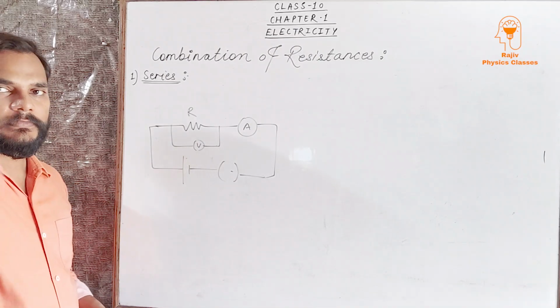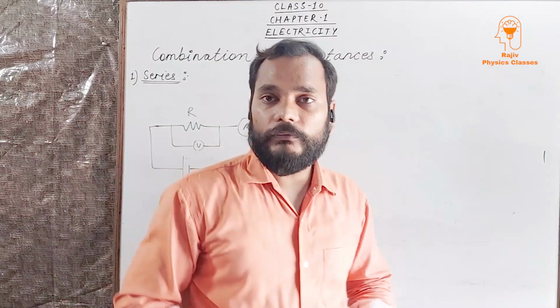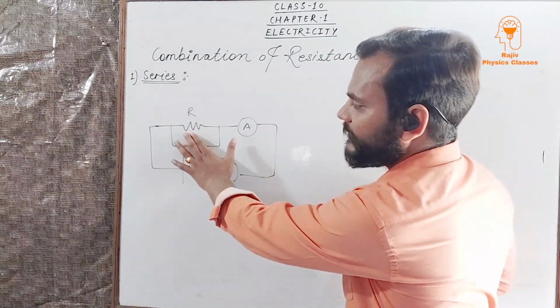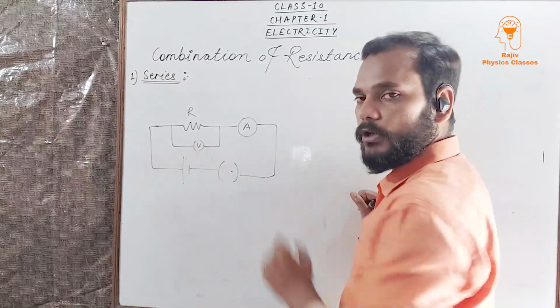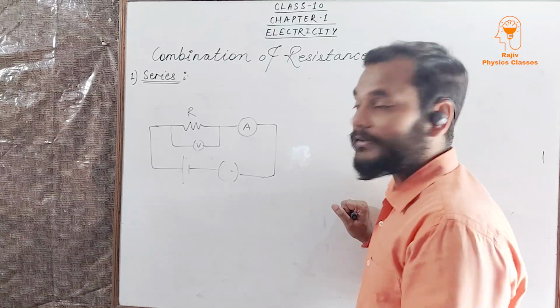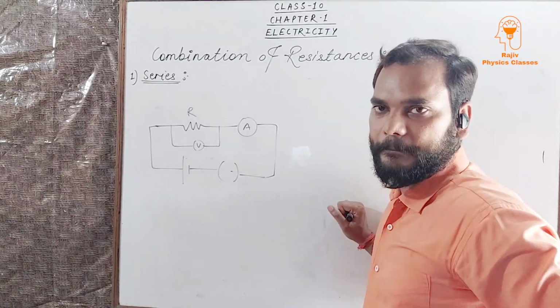Okay. My question is that whenever we want to calculate the voltage across any resistance, we use a voltmeter. So we connect the voltmeter in parallel. That is the correct way. If I connect this voltmeter in series, we cannot get the correct reading.